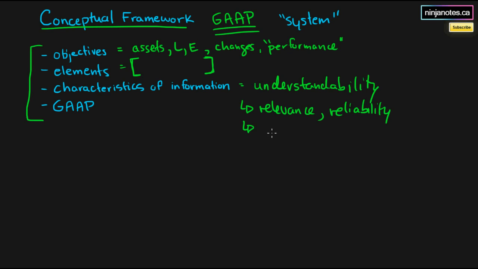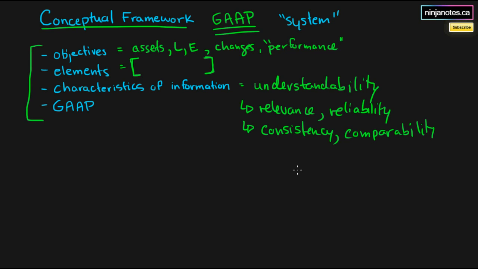The last 2 characteristics are consistency and comparability. And consistency has to do with using consistent GAAP policies and concepts and constraints, fiscal period to fiscal period.